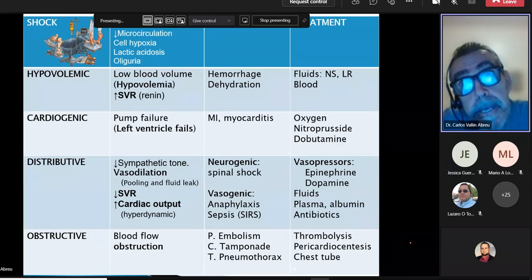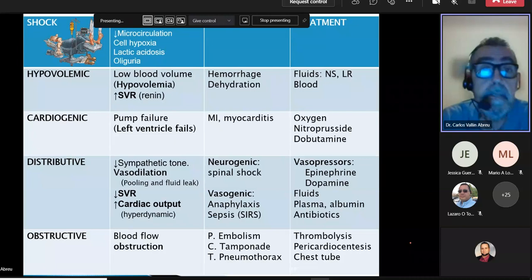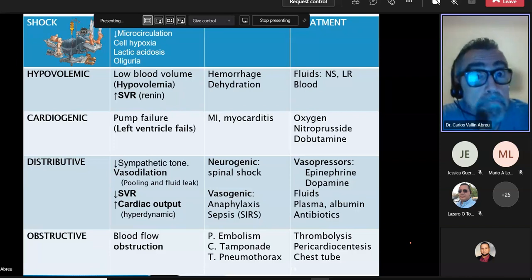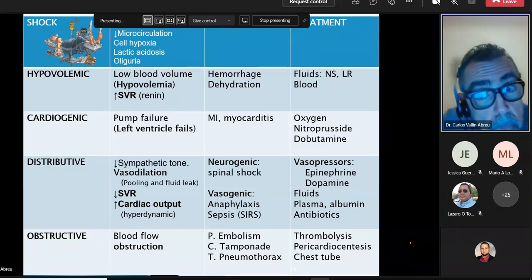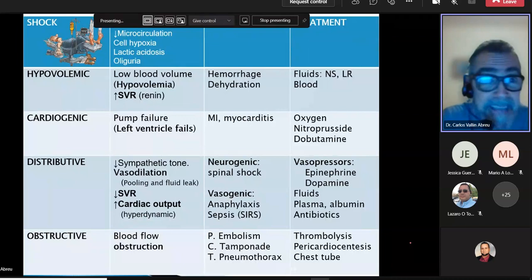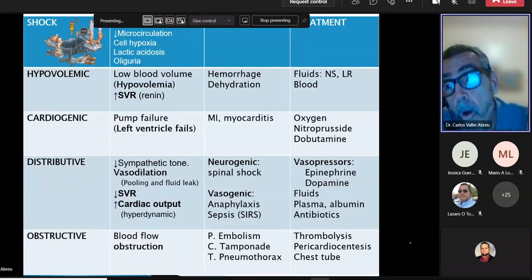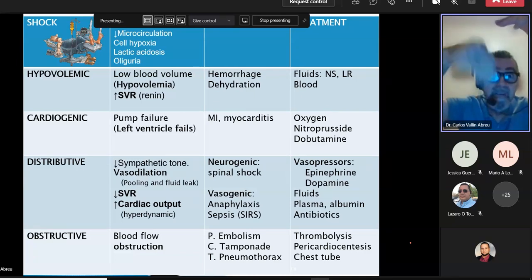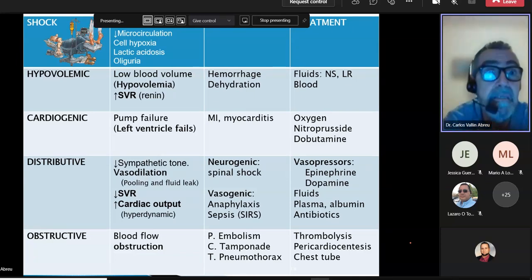This movement can be impaired if the pump is damaged, or when the volume of blood is insufficient, too low, or when there is an obstruction, like in the case that I just explained, or when there is a phenomenon difficult to understand in which the arteries dilate so much that the pressure of the normal volume of blood inside drops because the arteries are too wide.